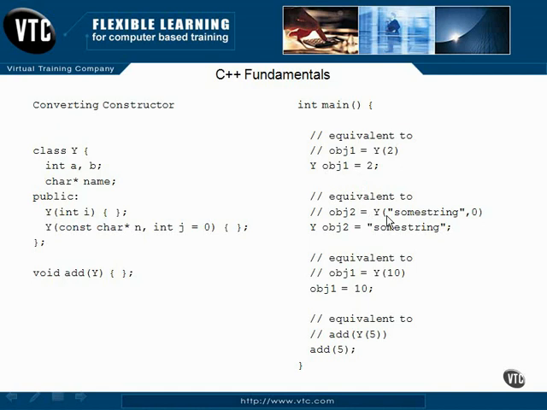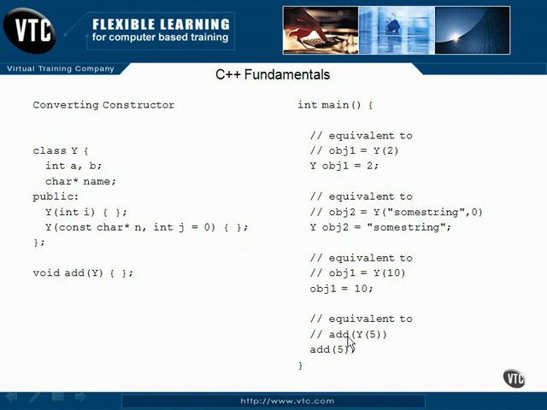Here we pass in a string, Y of some string, and that's going to use our second converting constructor, our second method of construction. Again, here's the actual call, and this is what it really is going to look like it performs. Here again we pass a 10 into Y, that's an integer, so that uses this one, or object 1 equal to 10. It performs the same kind of functionality so that the number gets passed in, and then the Y object is returned to object 1.